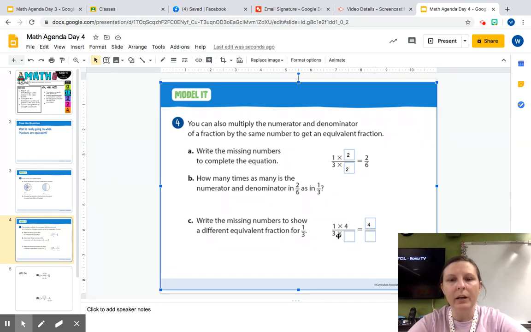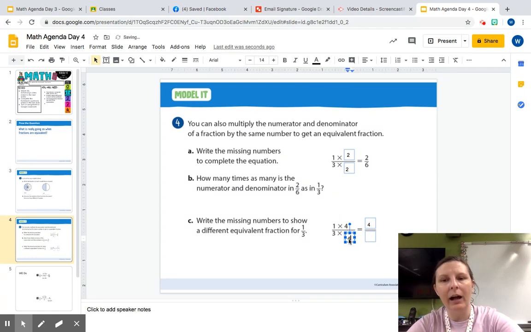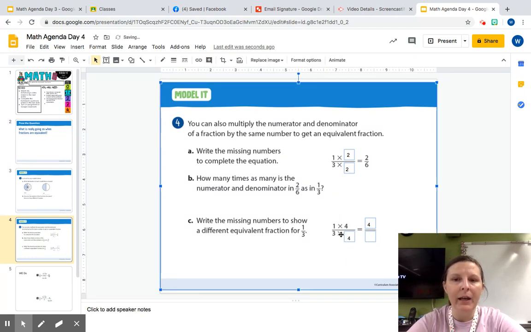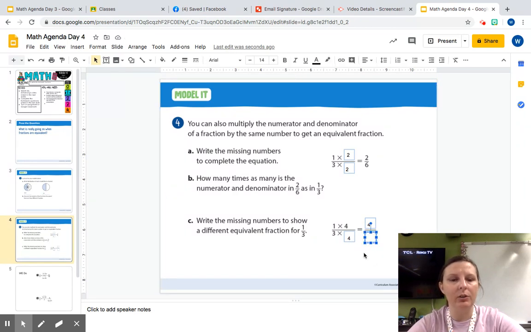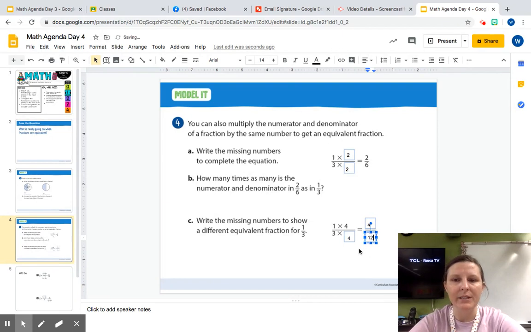Okay, so here we're going to look at our denominator. We did our numerator together. 1 times 4 equals 4. Well, I know that since I multiplied times 4 here, down here I also have to multiply by 4. So now I have 3 times 4 equals what? So I know that 3 times 4 is 12.